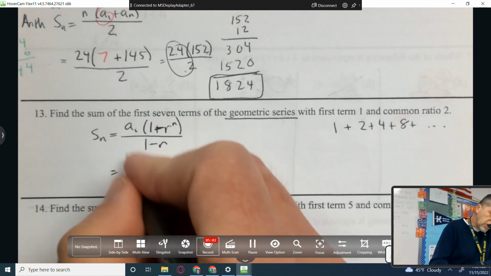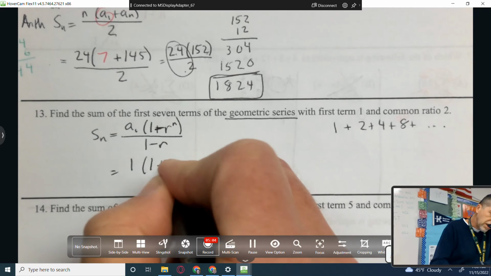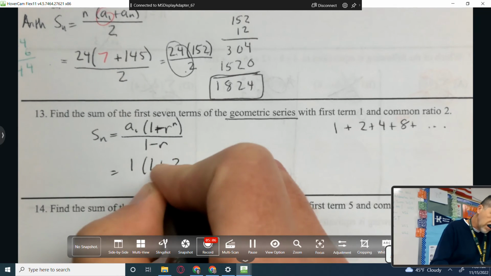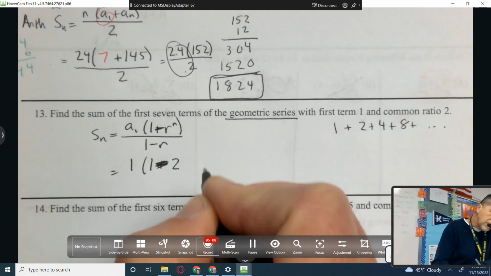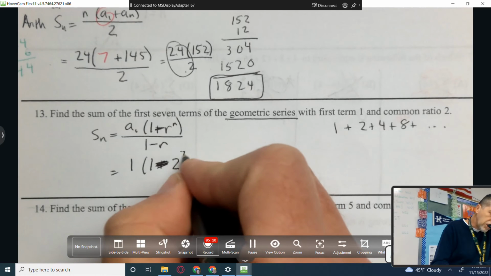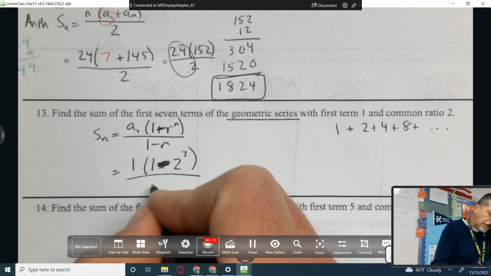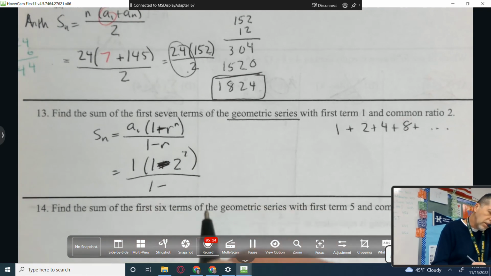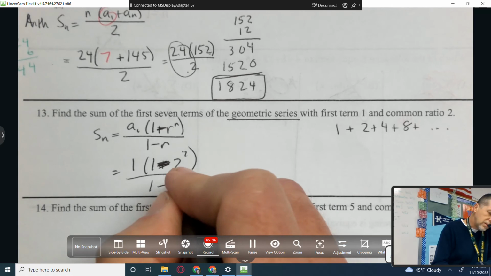So, first term is 1, times 1 minus 2 to the 7th, all over 1 minus 2.